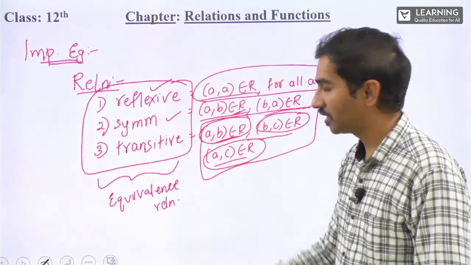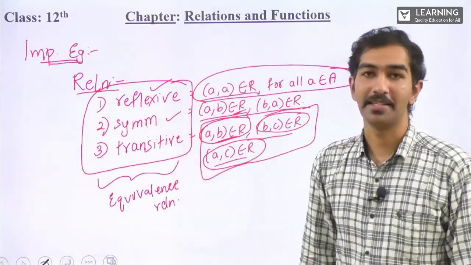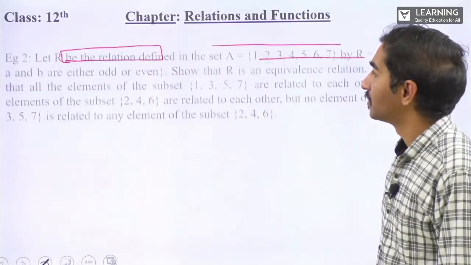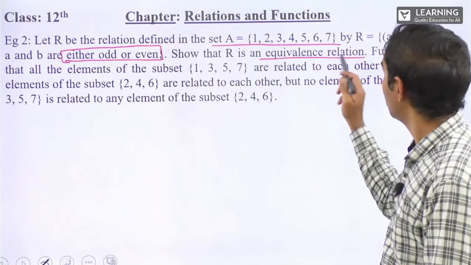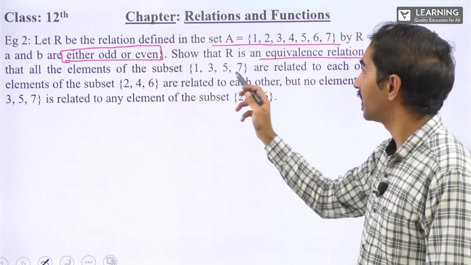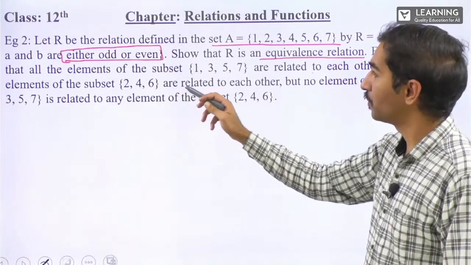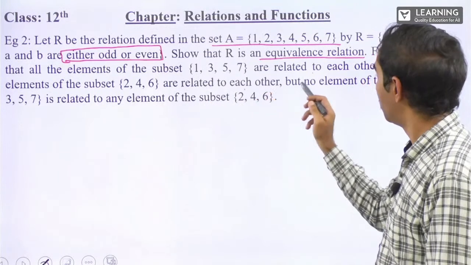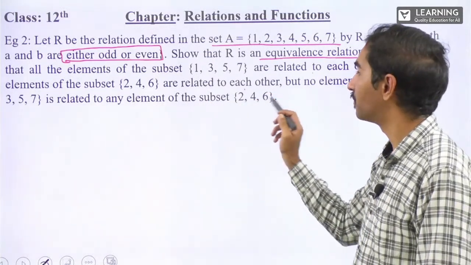Understood? So here, either odd or even, show that R is an equivalence relation. Further show that all the elements of the subset {1, 3, 5, 7} are related to each other, and all the elements of the subset {2, 4, 6} are related to each other, but no element of the subset {1, 3, 5, 7} is related to any element of {2, 4, 6}.